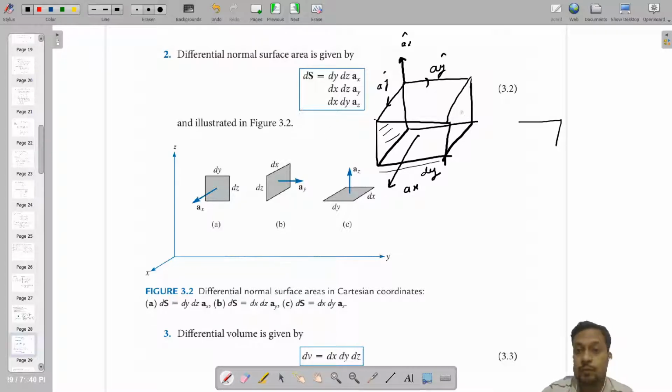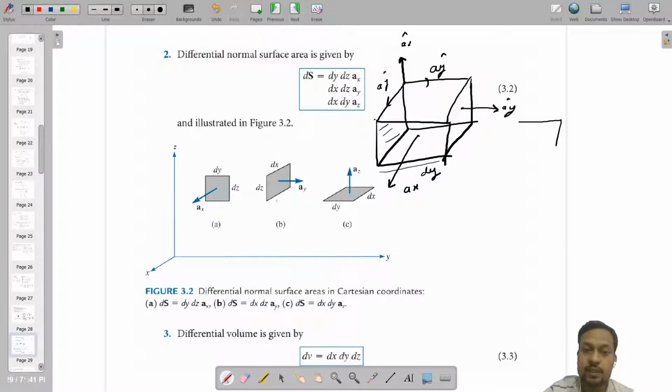Similarly, if we draw a normal vector from this surface in the y direction, the surface along the unit vector ay is dx dz, because only dx and dz are varying.